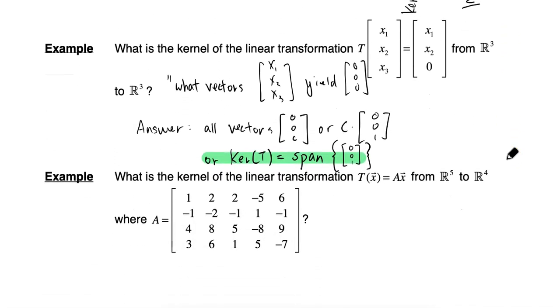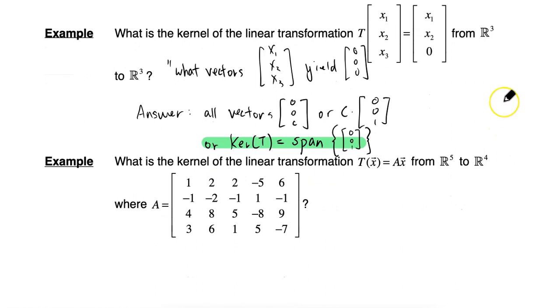So let's think geometrically first. What is the kernel of the linear transformation T of x equals x1, x2, 0? So what we are trying to answer is what vectors x1, x2, x3 are going to give me 0, 0, 0. And the answer is any vector where the first two components are zeros is going to be part of the kernel.